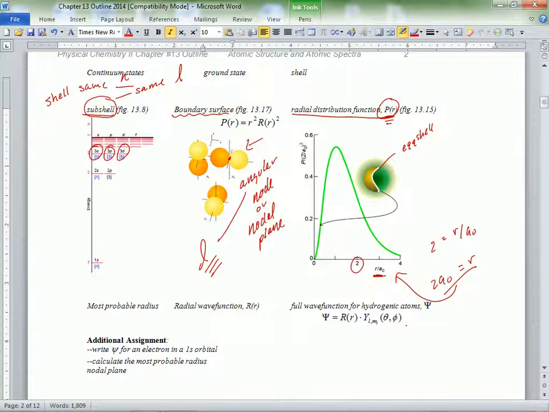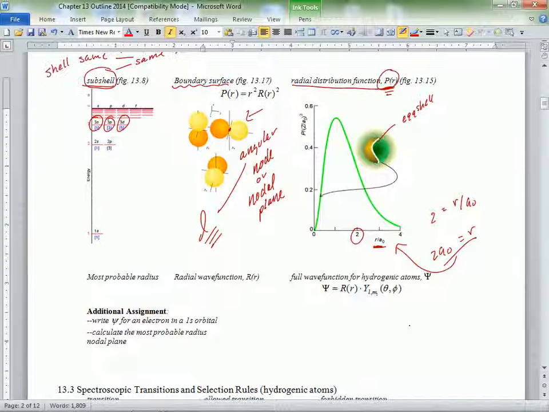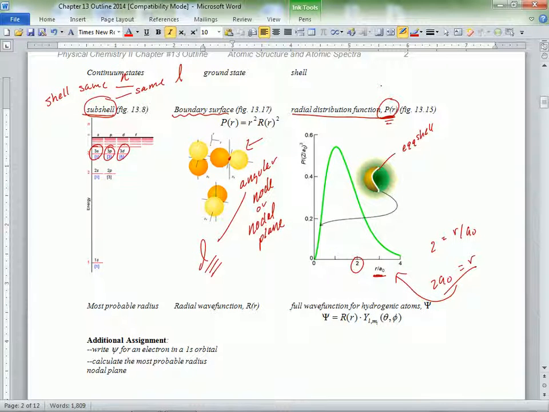So if we want to calculate the most probable radius, that's why they set up the radial distribution function this way. Oh, you don't have the function. Oh, there it is. It ended up way over here. This should be under here. The radial distribution function is this P of r, and how do you get it? Take r squared times your radial wave function, R of r. That R of r you pretty much have to look up in a book.